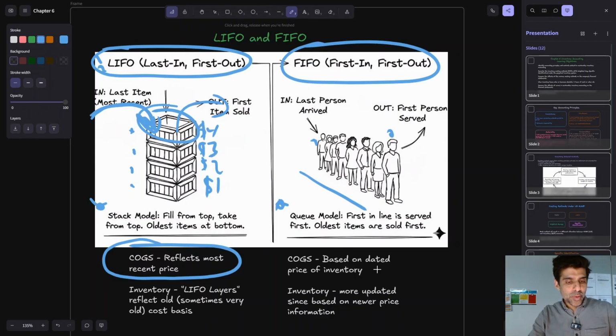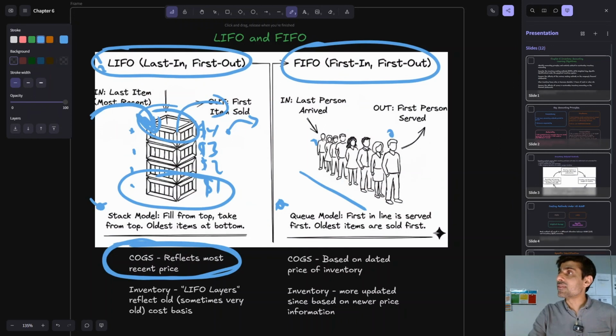We bought this most recently, but this is also going to come out as cost of goods sold. So this old one is just going to sit here lingering at $1. But you can argue it's good because cost of goods sold is going to be accurate as to what the current market is for that particular item I'm selling.